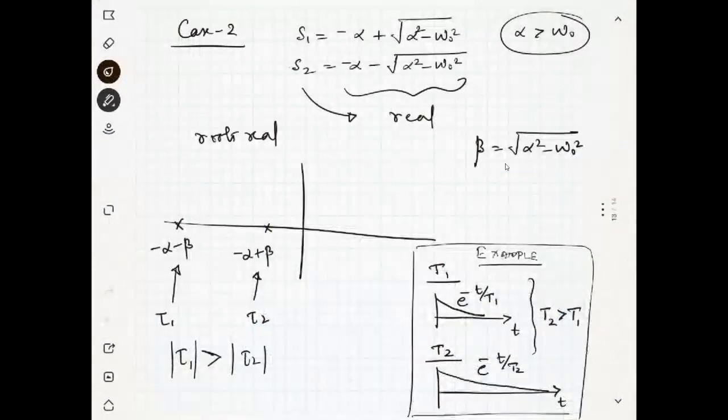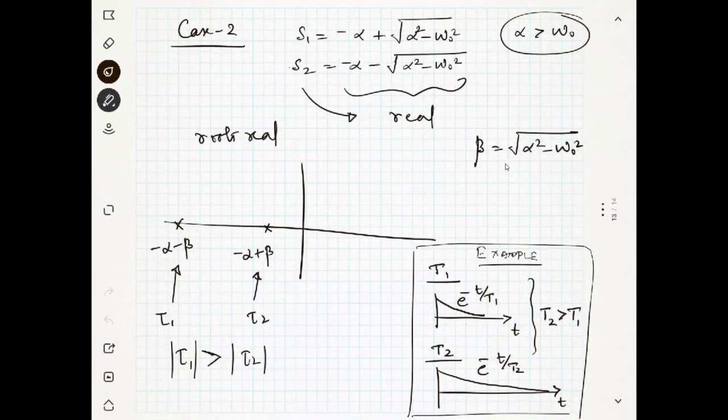So can you tell me now, which magnitude is greater, T2 or T1? Sorry, I am talking about the poles, P1 and P2, the two poles. Which magnitude is greater, P2 or P1? P1, sir.